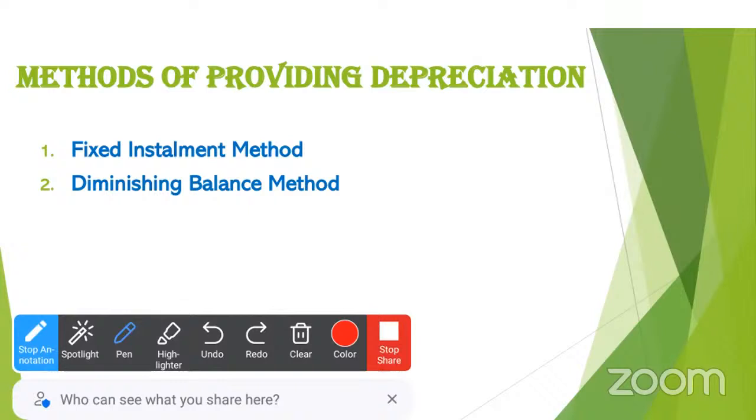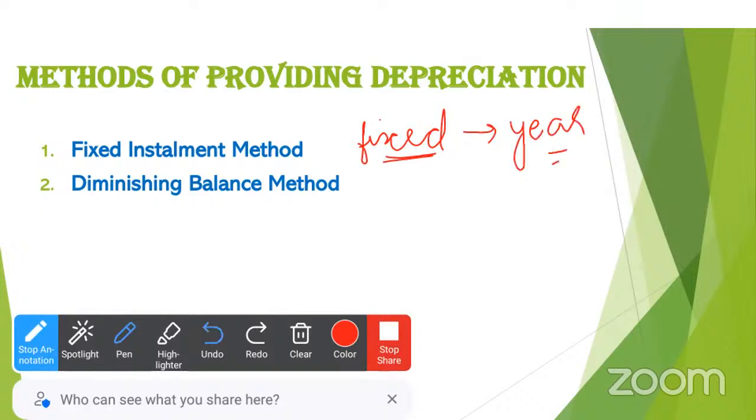In this method, the amount of depreciation is fixed or uniform from year to year. For every year, the amount of depreciation will be same. It will not change.